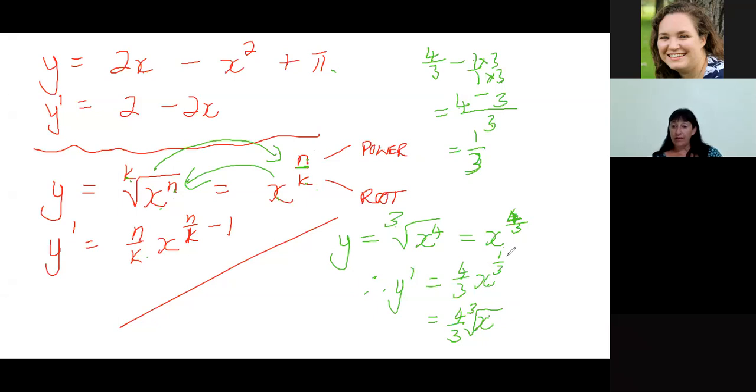That's my power, that's my root. The power of x is 1, invisible 1, and the root is 3. I obviously don't need to write x to the 1. In fact, I don't write x to the 1, I just write x. But I'm going to be doing lots of examples. Okay, so let's do a bunch of these.